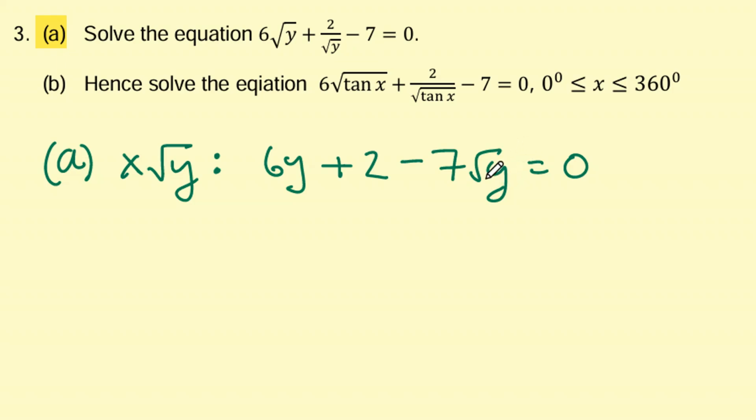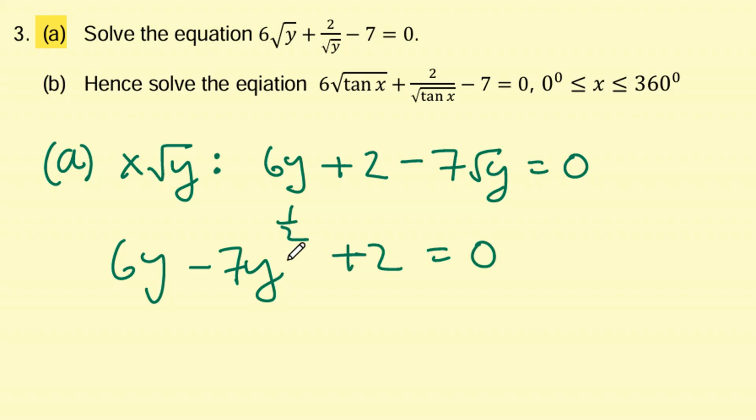Now, remember that the square root of y is actually y to the power of a half. We want to write this equation in descending powers of y. So it's going to be 6y minus 7y to the power of a half, then plus 2 equals 0.